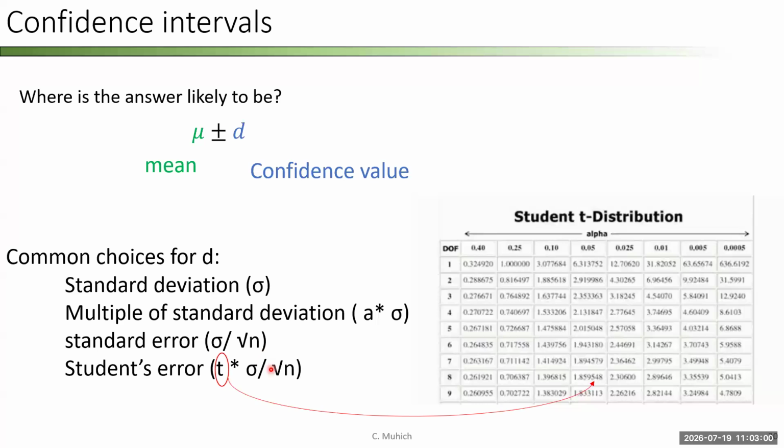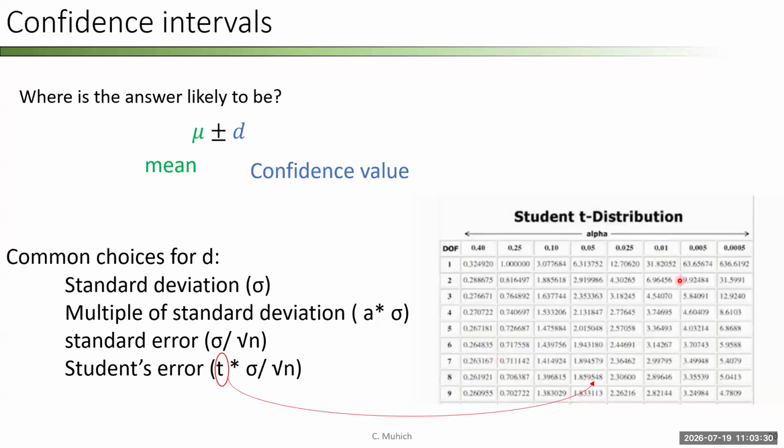Or we can use student's error, and this is a little bit more tricky. We take this standard error and we multiply it by this t-value. And this t-value enables us to not only say plus or minus that confidence value, but with what probability we're confident.